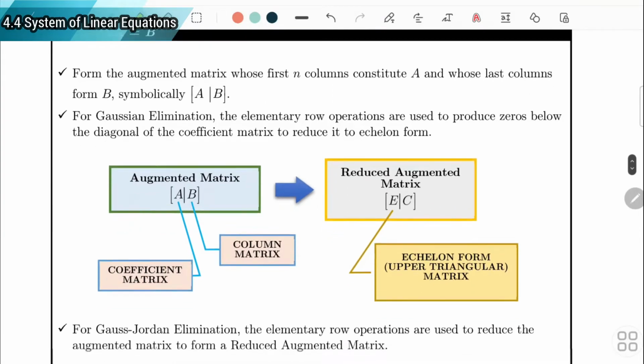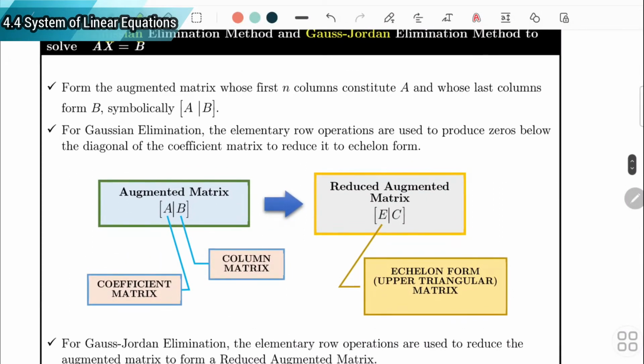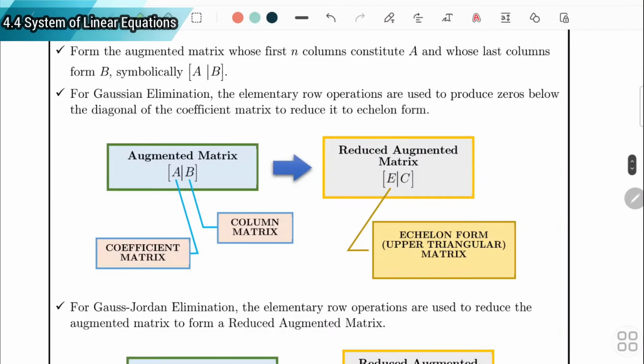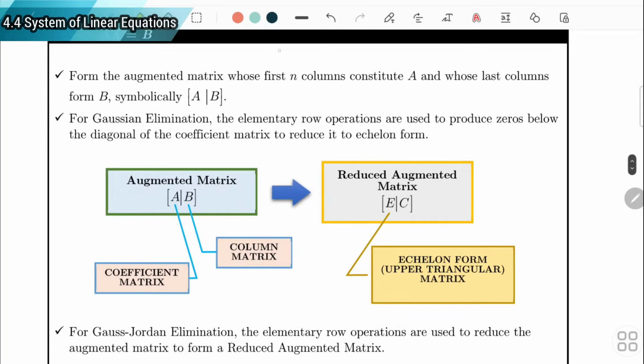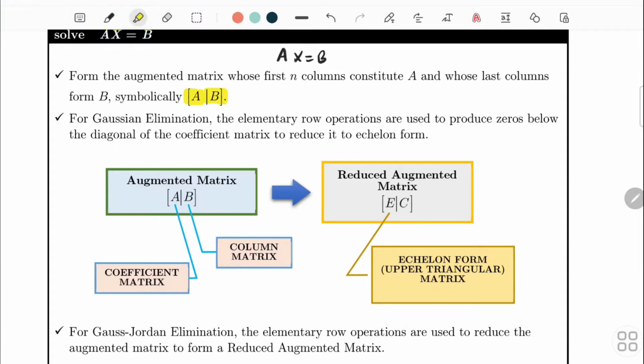Okay, the first one, the Gaussian elimination method. First things first, before we reduce it in the form that is needed, we have to convert the equation of Ax equals to b and rewrite it in the form of an augmented matrix, which is A augmented with B. This step is the same with the Gauss-Jordan elimination method.